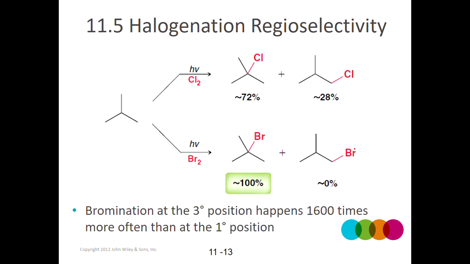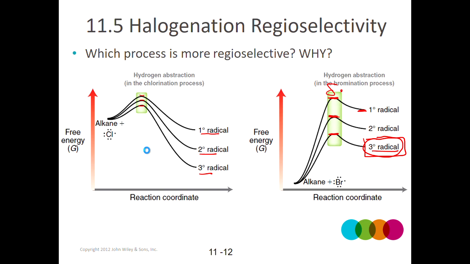And that's what we see if we look at this molecule where I've got 9 primary hydrogens that could be abstracted and 1 tertiary hydrogen. Because there's a significant difference between the reaction at the tertiary pathway versus the primary pathway, it goes through the tertiary more often.